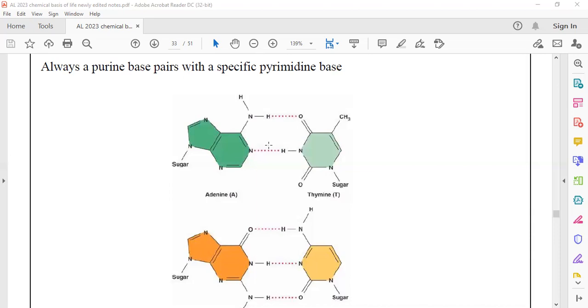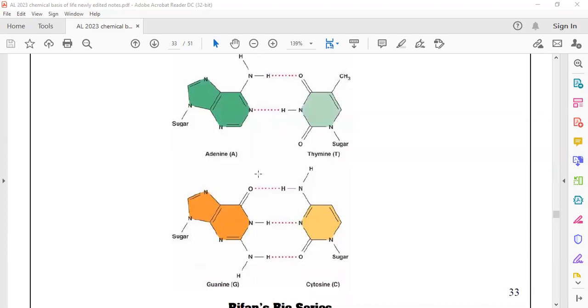Those are the choices. So hydrogen bond means only these three can be possible. Here fluorine is not there, so coming to oxygen and hydrogen, nitrogen and hydrogen. That's all. Other than that, you don't need to memorize these diagrams.